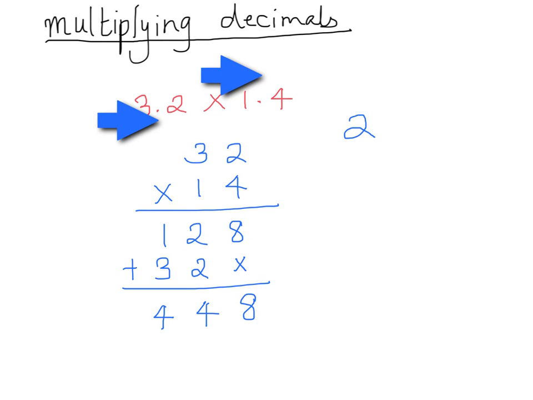So what you do is you count from the right of your answer here 2 places. 1, 2. So your decimal point goes up here. So what you get is the answer, which is 3.2 times 1.4 is 4.48.